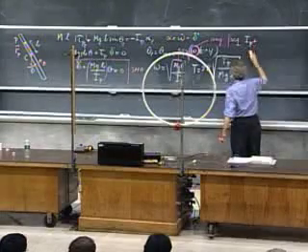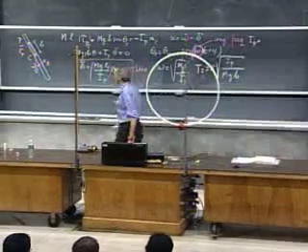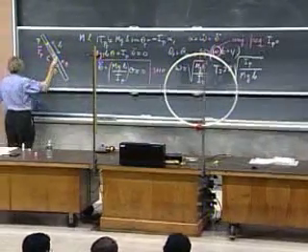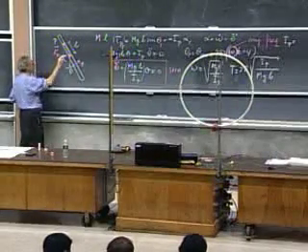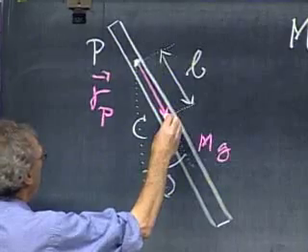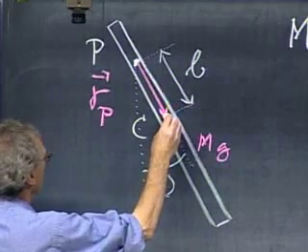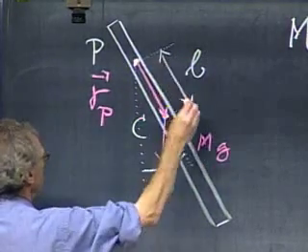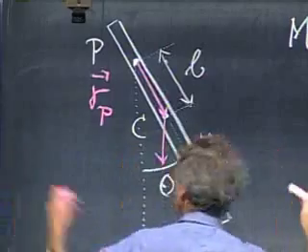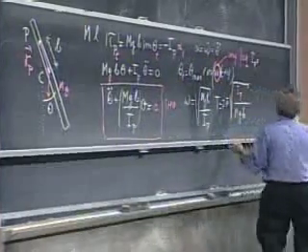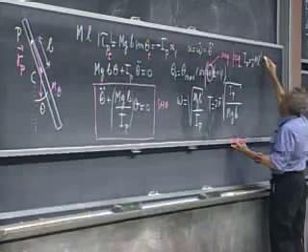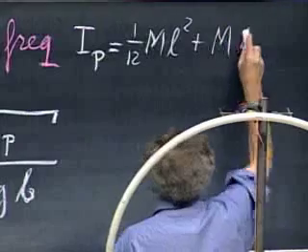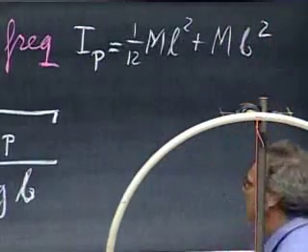The moment of inertia about point P we find immediately by using the parallel axis theorem. If it were rotating about the center of mass, about this axis, then it would be 1/12 mL squared, and so we have to add mb squared. We did something similar there. So this is 1/12 mL squared plus m times b squared, parallel axis theorem.